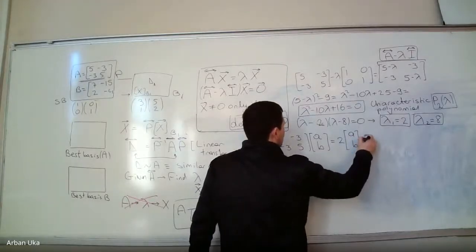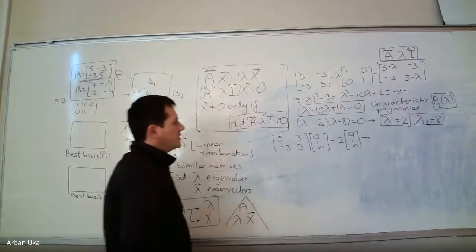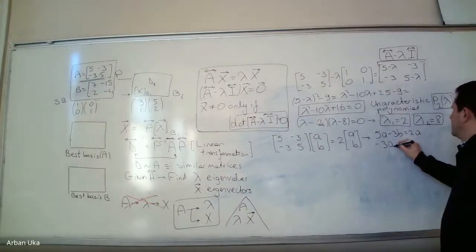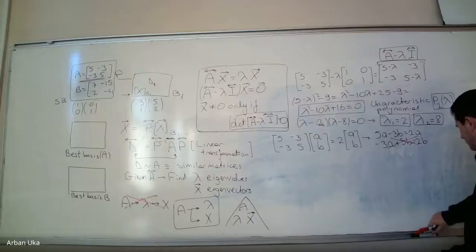That is true. So what equations can we get from here? 5a minus 3b equals a, and minus 3a plus 5b equals b. So how many equations do we have? I can say that we only have one equation, because the second one we can omit and work only with the first one, because the second equation is linearly dependent on the first one.